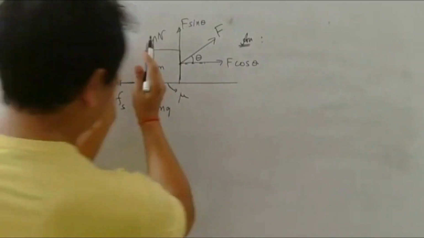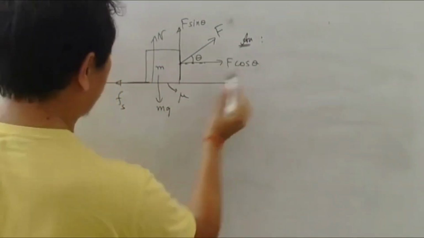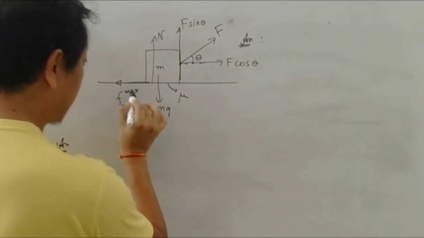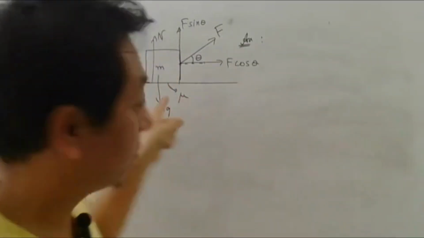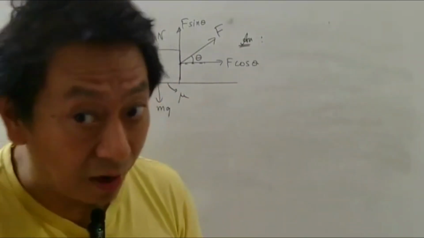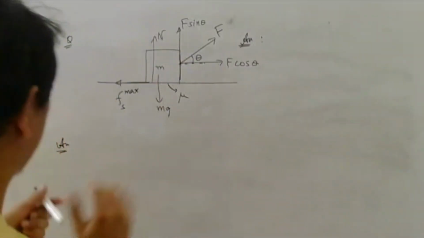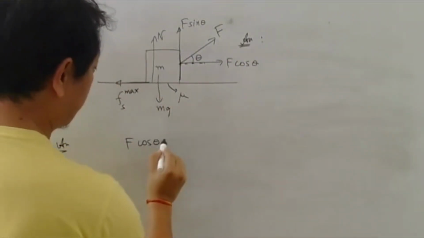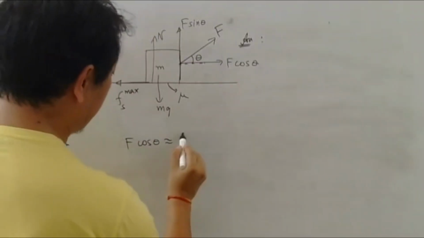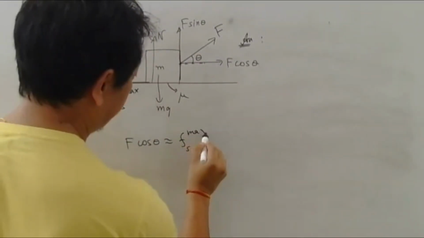Now to move the body this side, this force should become just equal to maximum static friction. So when the body is about to move, friction here will reach maximum value, right? So this side F cos theta should be just equal to Fs max.